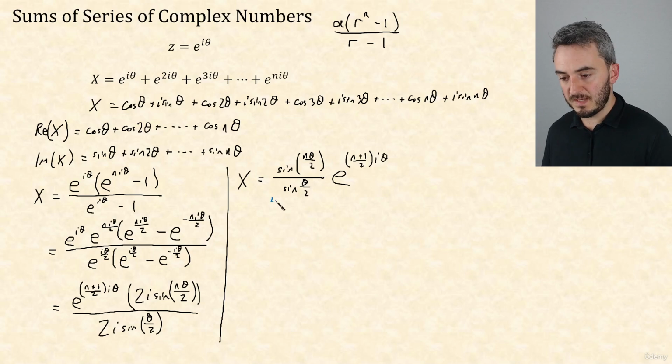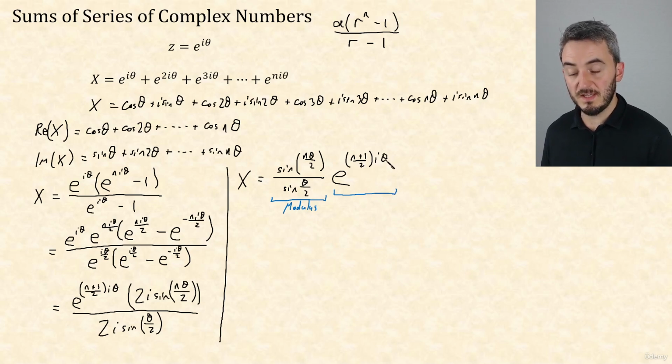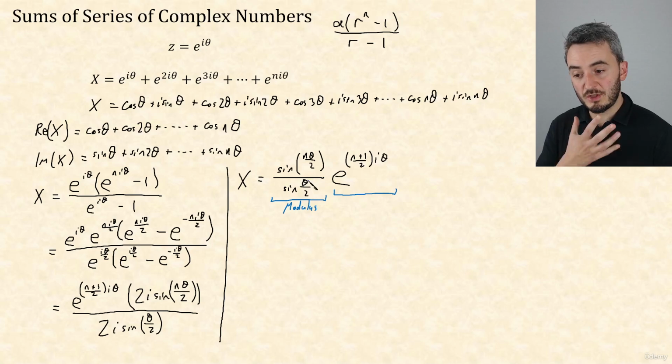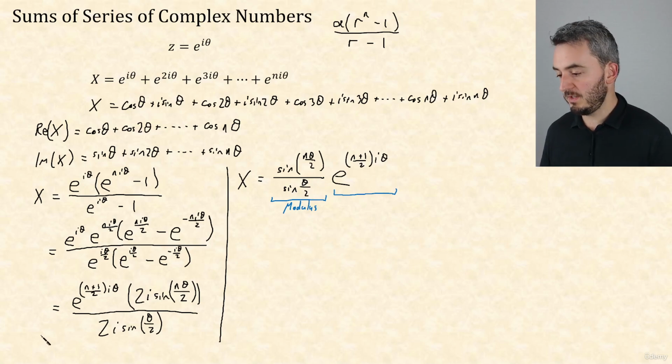And what that tells me is that this bit here is the modulus, and this bit here contains the argument. Specifically, (n plus 1) over 2 theta is the argument. So I actually have my number now in such a form where I can write it in modulus argument form.